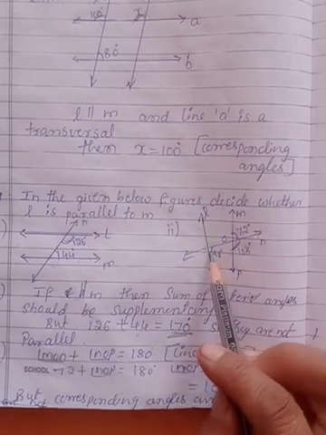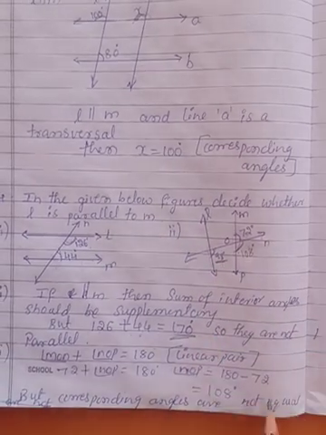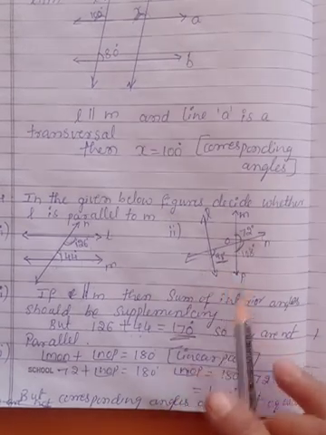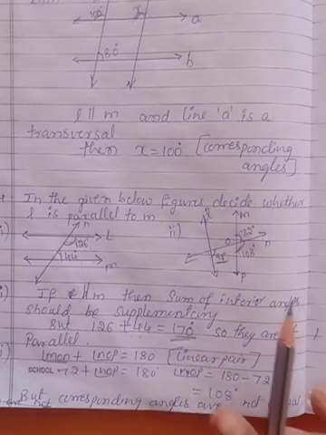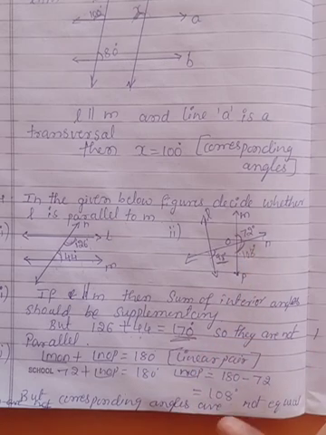For this, the corresponding angle is this, but it is not 108, it is 98. So, the corresponding angles are not equal, so these lines are not parallel. Okay children, this completes the exercise. Thank you.